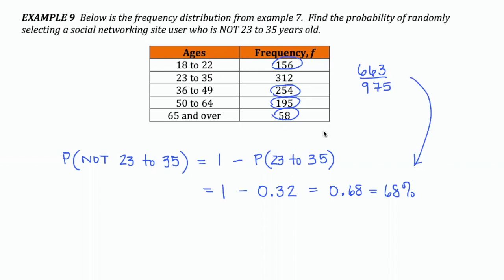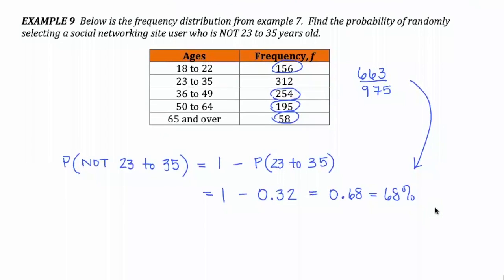But usually you can see how it's less complicated since we already knew the probability for 23 to 35. It was a simpler calculation just to subtract that from 1 than it is to add up all of these numbers again, redivide them, and get the answer that way. But they both do work. So that's your introduction to probability.